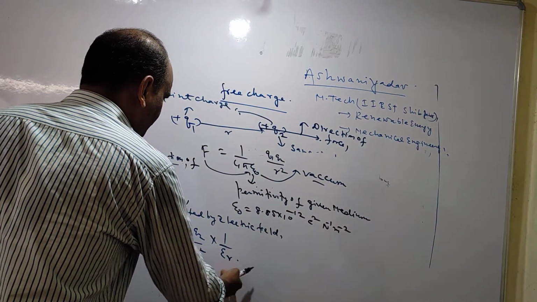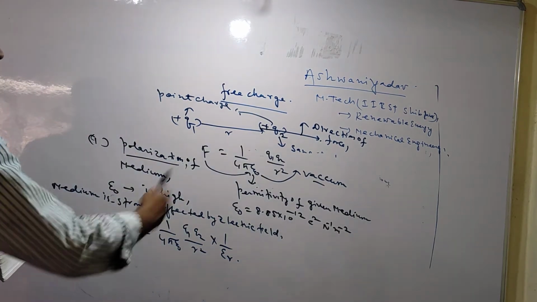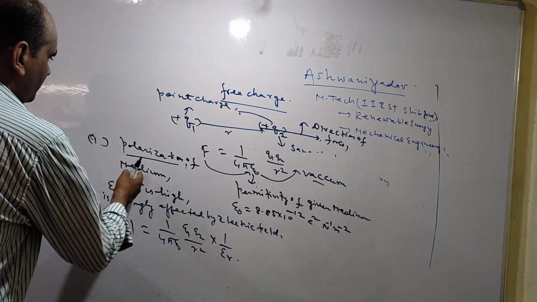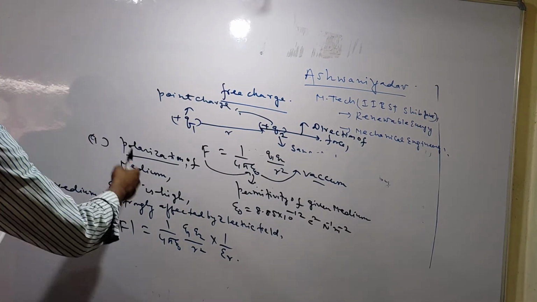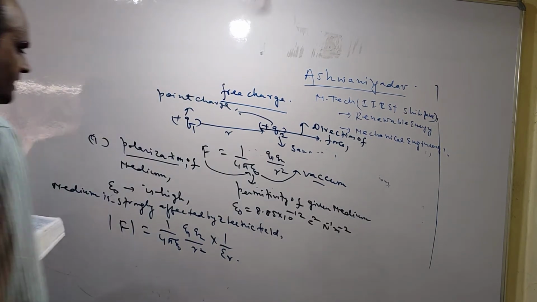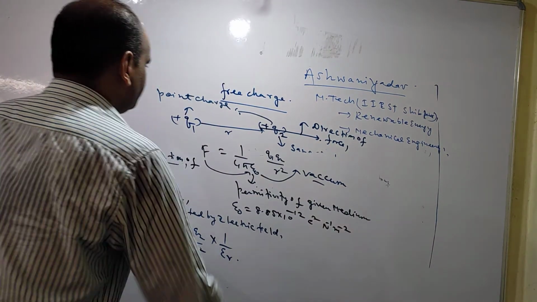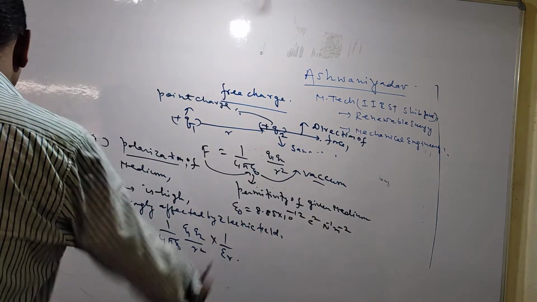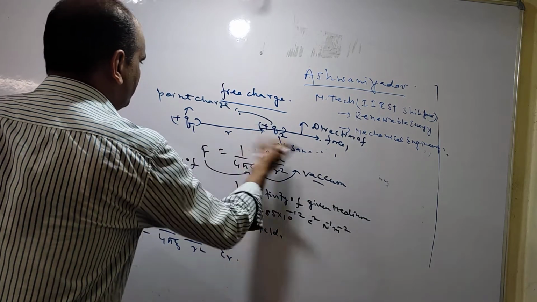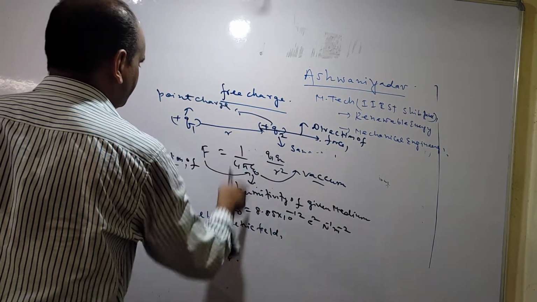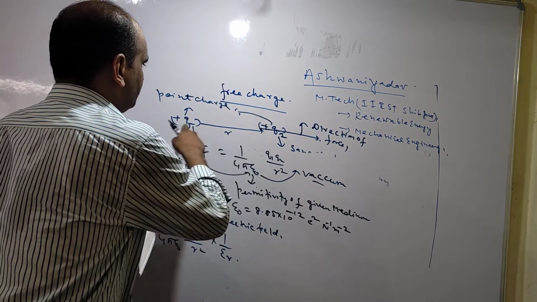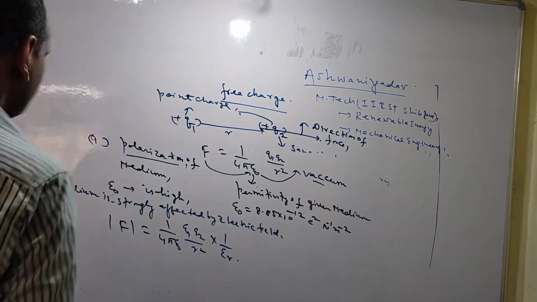We are going to study in detail in the coming lecture how the medium is polarized, how it acts as a polarization vector, and how it can affect the electric field in the medium. For now you can say that this is the modified electrostatic force between the two charges if they are kept in a medium. But keep in mind, this is applicable for point charges. Keep it simple.